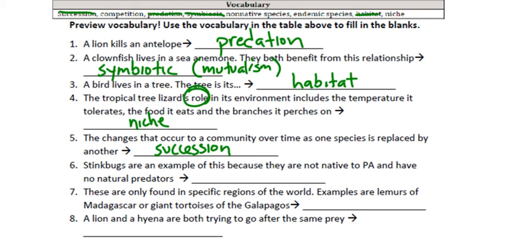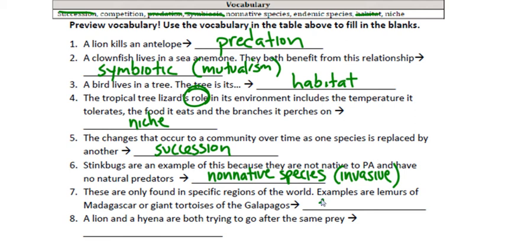Stink bugs are not native to PA, no natural predators. That is called a non-native species. We also like to use the word invasive. These are only found in specific regions of the world. Examples are lemurs of Madagascar or giant tortoises of the Galapagos.